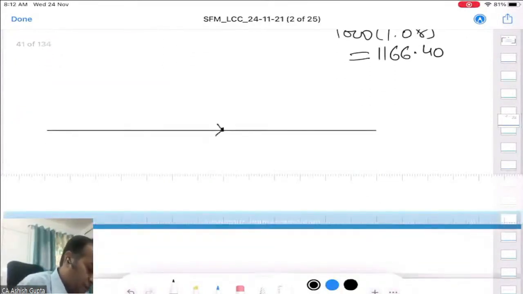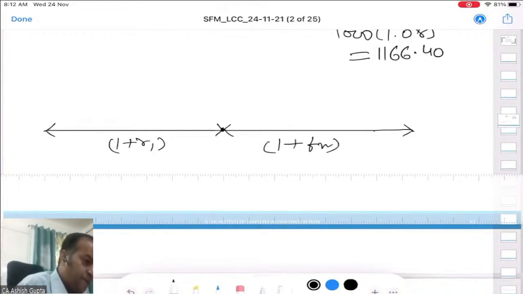initially I invest the money for 1 plus R1. Then for this period, it will be treated like a forward rate. Here we have been given the rate of interest for this period is 7%.